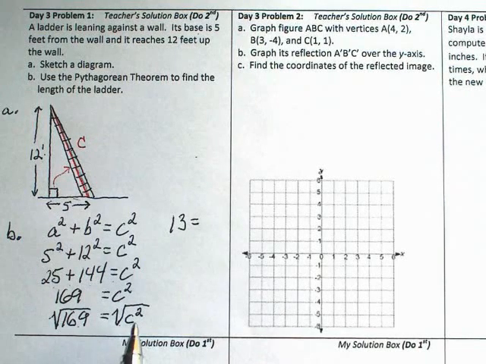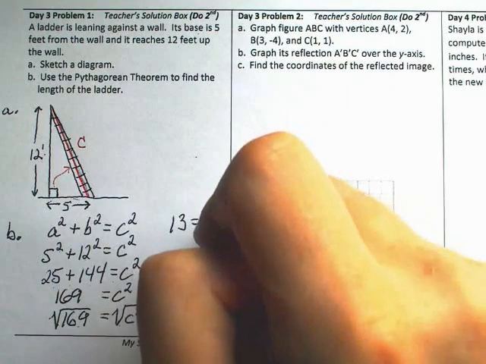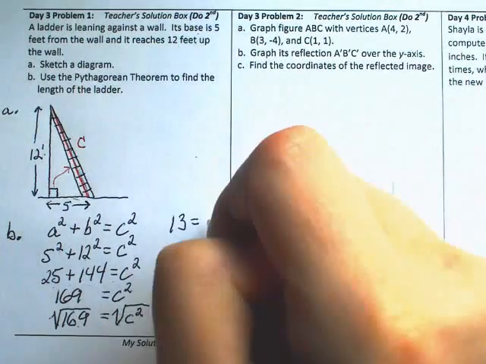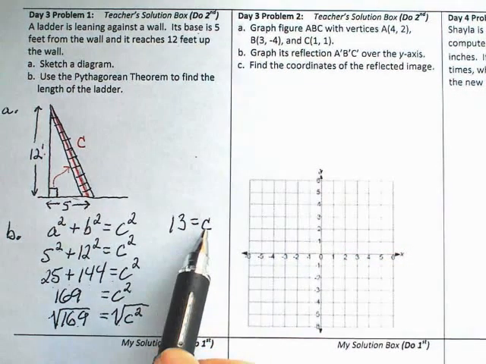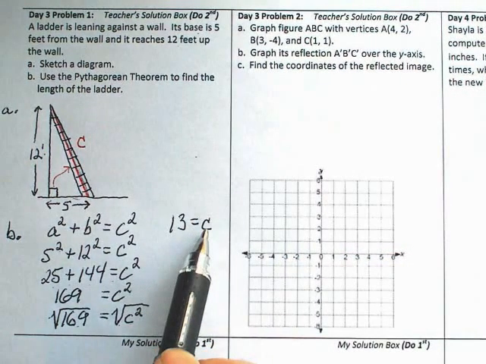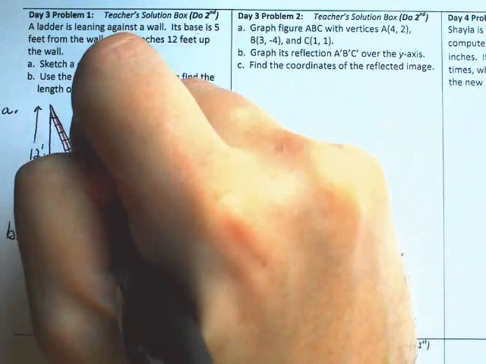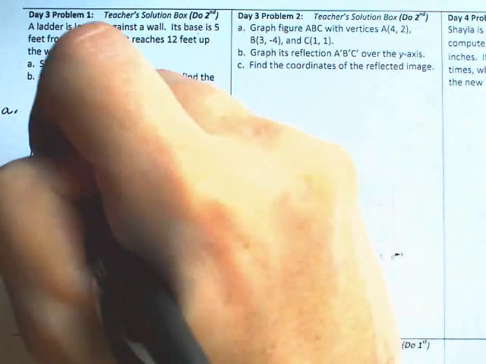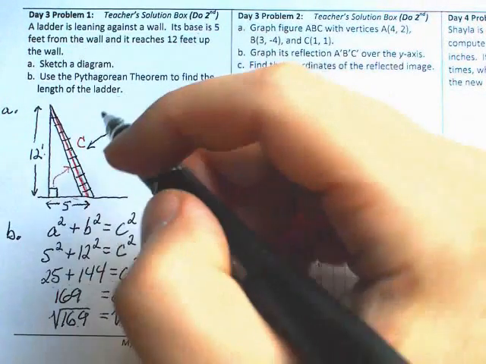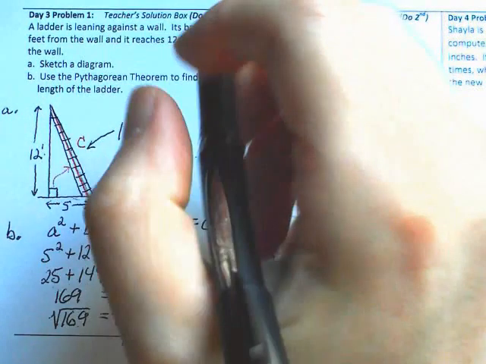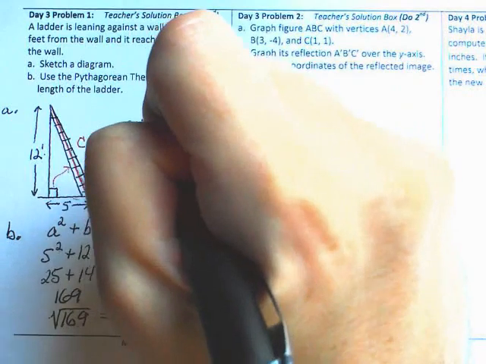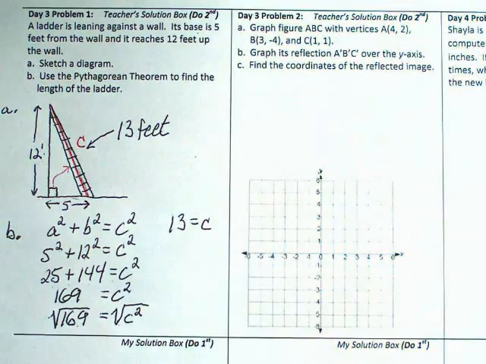That is c. c times c is c to the second power. And so the square root of c squared is c. And so we figured out that the value of c is 13. And so in our original drawing, that side of the right triangle, which is the length of the ladder, is 13 feet. And that is the answer to part B.